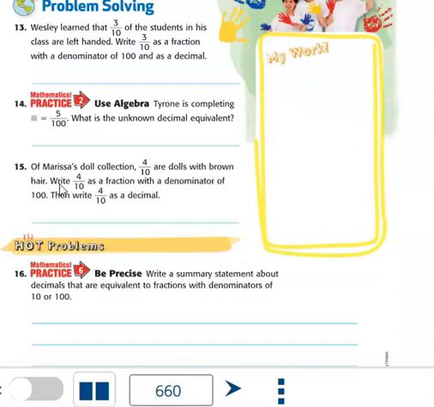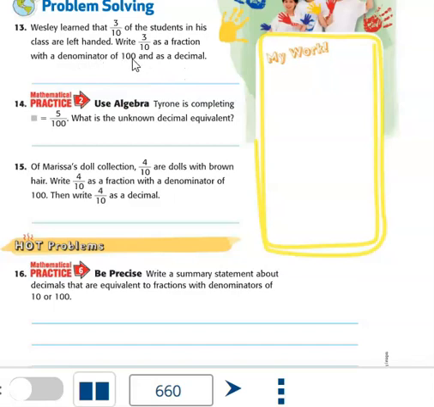Okay, so they're asking you different questions on these problem solving, and if you're not paying attention, you might do the wrong thing. So here it says Wesley learned that 3/10 of the students in his class are left-handed. Oh, that's cool. Yay, lefties. Write 3/10 as a fraction with a denominator of 100 and as a decimal. So you're going to write 2 answers for number 13.